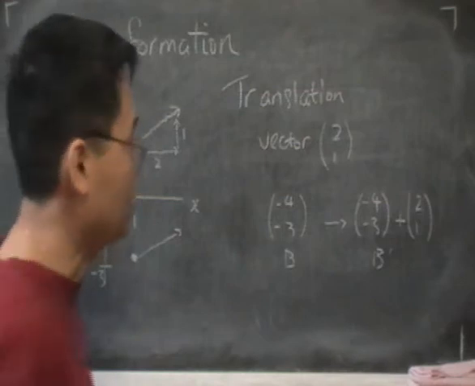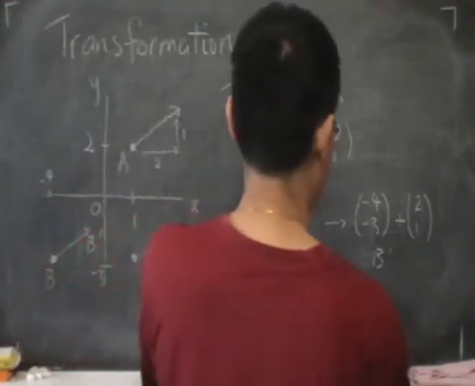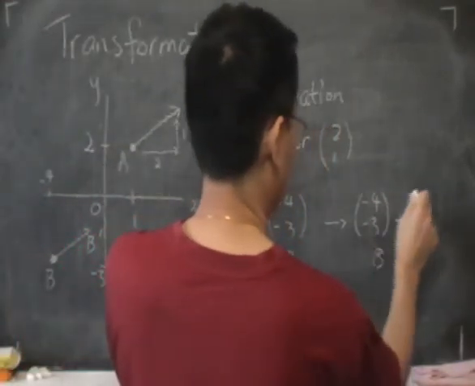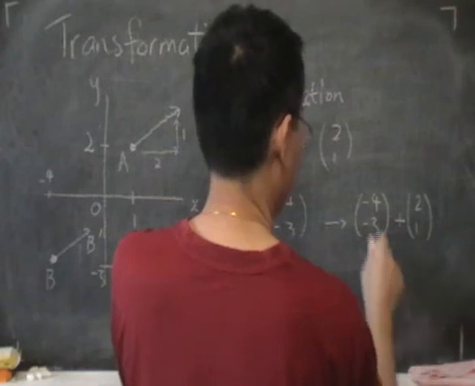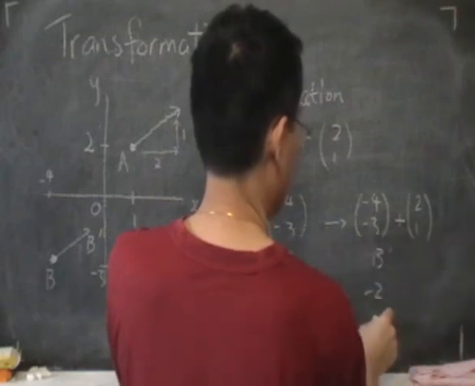Okay, all we need is to add the two vectors, and we get minus 4 plus 2 is minus 2, minus 3 plus 1 is minus 2.